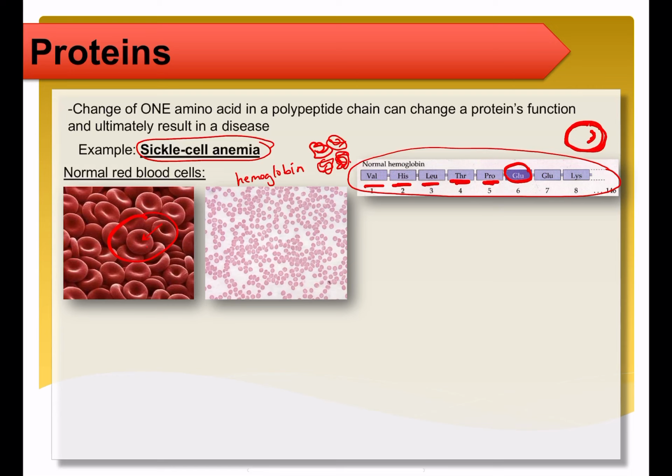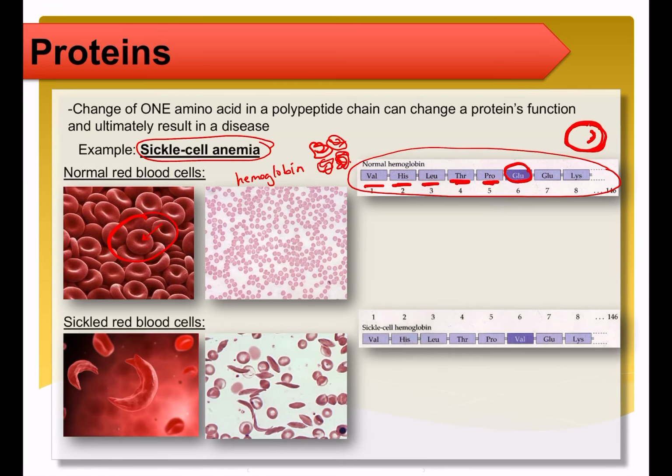Okay, but with the disease sickle cell anemia, what happens is that this glutamate right here in the 6th position is switched with a completely different amino acid called valine. Okay, so this usually happens due to what we call a DNA mutation.